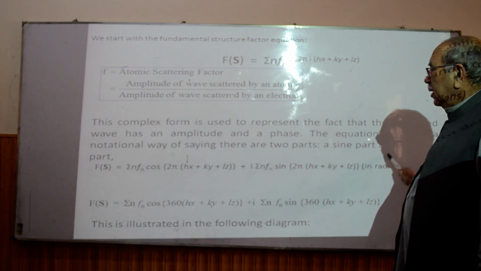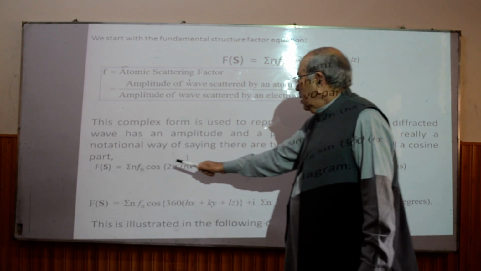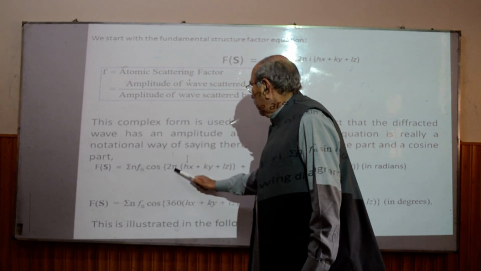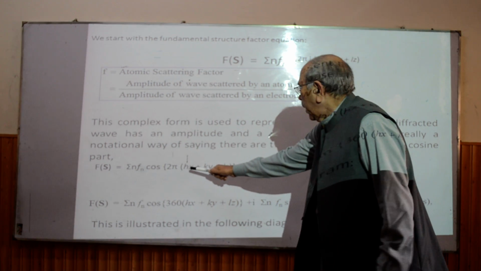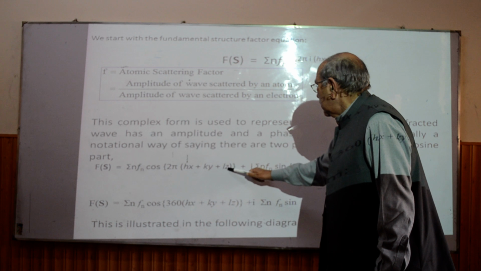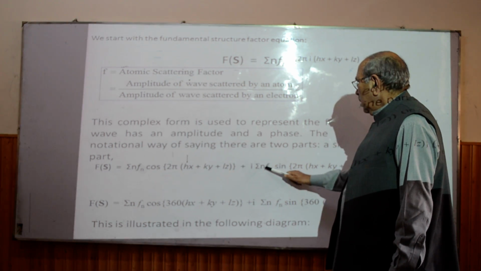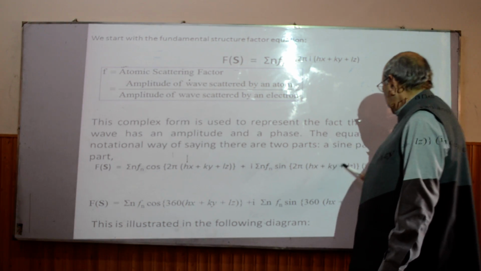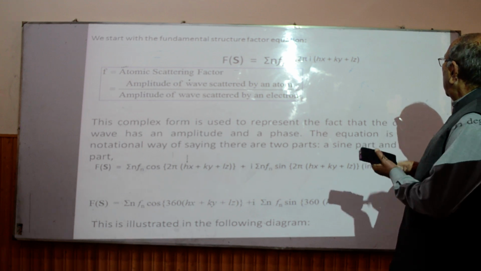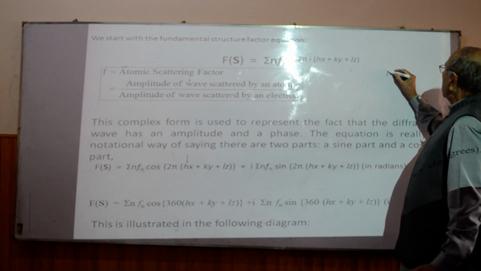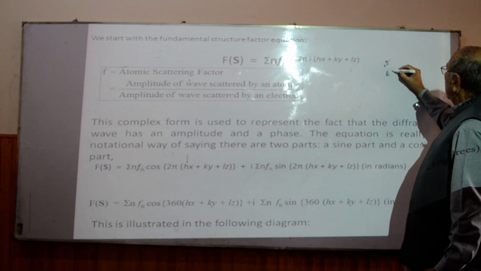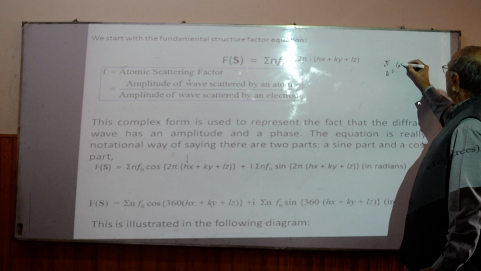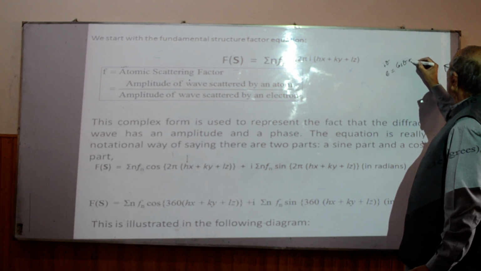So we write it as F equals sigma n into Fn cos of 2 pi (hx plus ky plus lz) plus iota times this factor, sine of this one. Because you can write e raised to the power iota theta as cos theta plus iota sine theta.